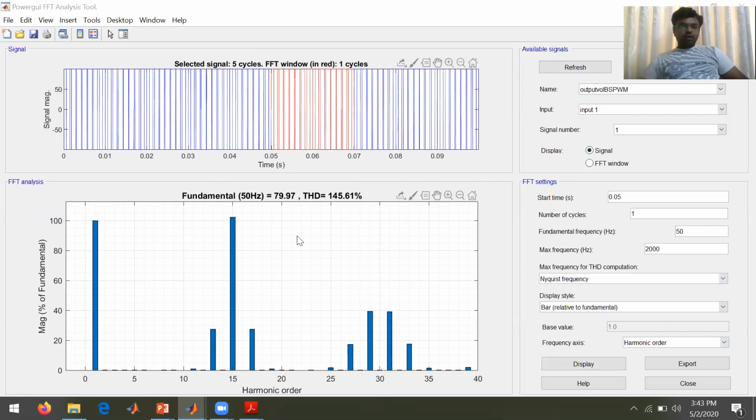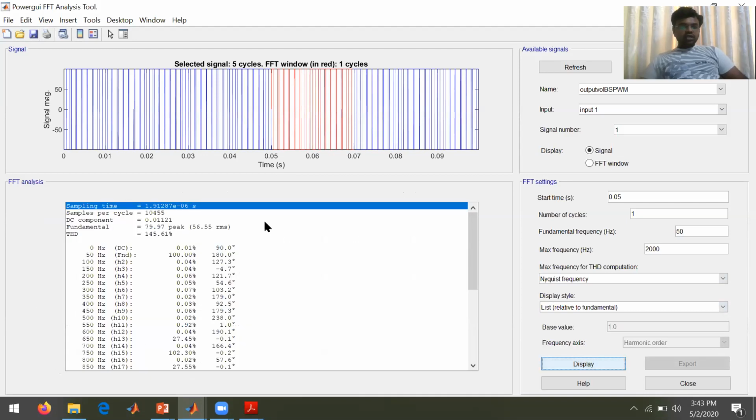Now, what is the fundamental voltage? Now we'll go for the first list. So what is the list? We have the fundamental as 79.97. Okay. So what is the 13th harmonic? 27.45. 15th harmonic is 1 or 2. We got the 17th harmonic again as 27.55. Remember this: 27.45, 1 or 2, 27.55.